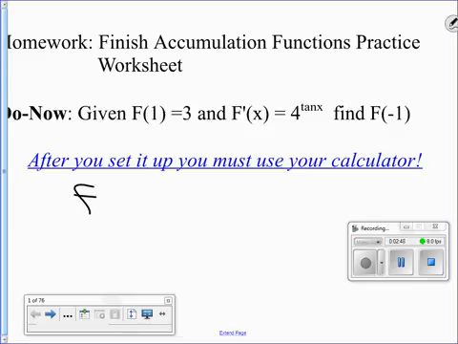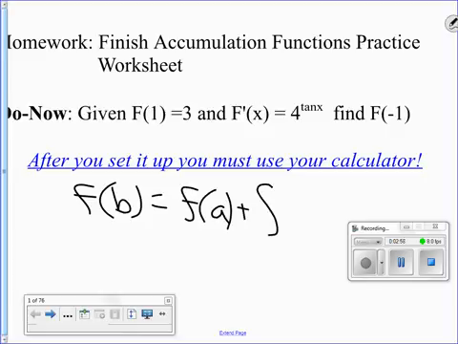If you want to find f of b in general, how do you find f of b given some other point in the derivative? It's f of a plus the integral from a to b of f prime of x. When you integrate the derivative of a function from a to b, you get the change in that function.